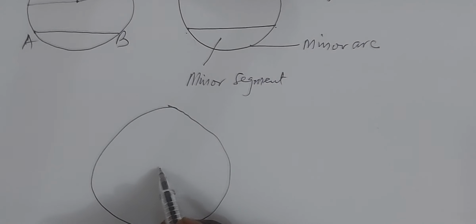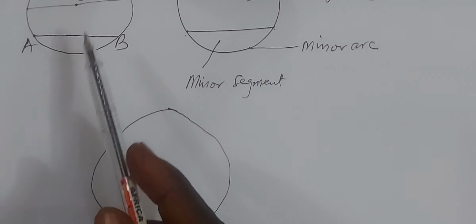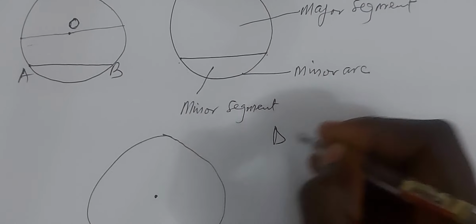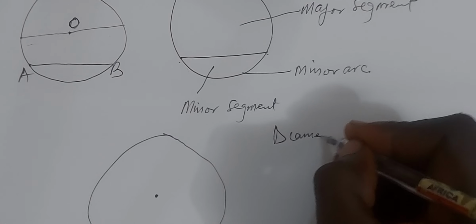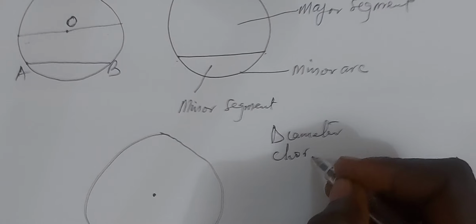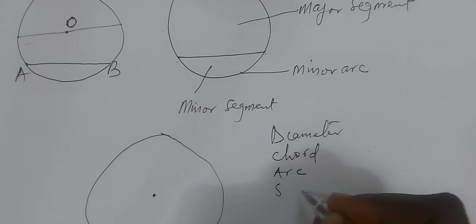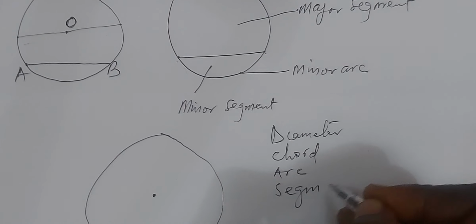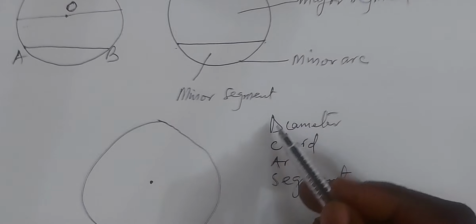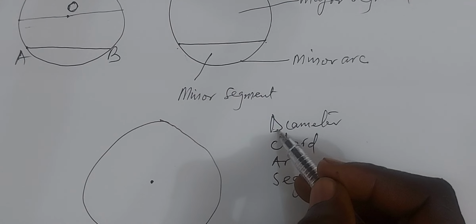Mind you, let's say this is the center of the cycle. You already know what a diameter is. We have diameter, we have chord, we have arc, we have segment. These are parts of the cycle. A diameter is a straight line that divides the cycle into two equal halves.